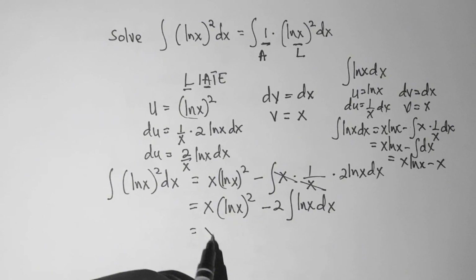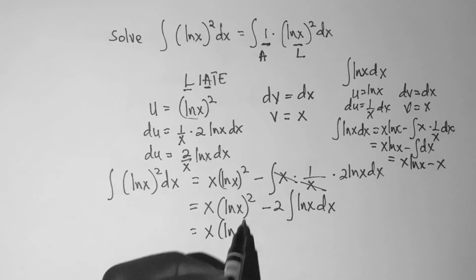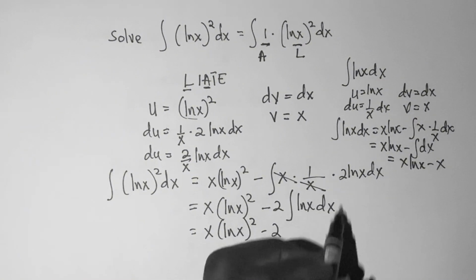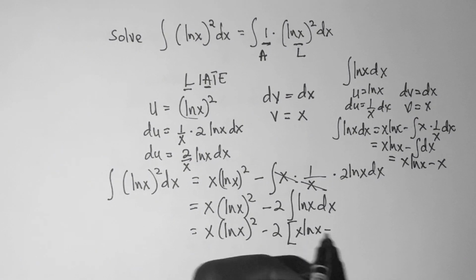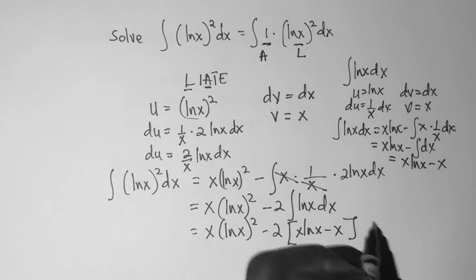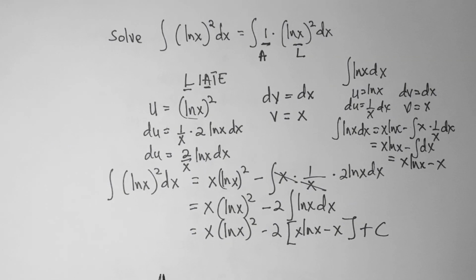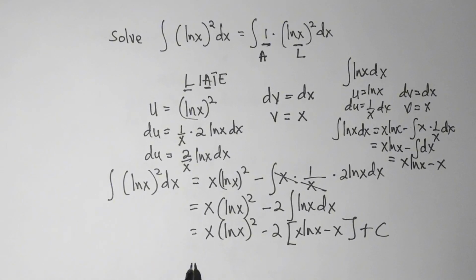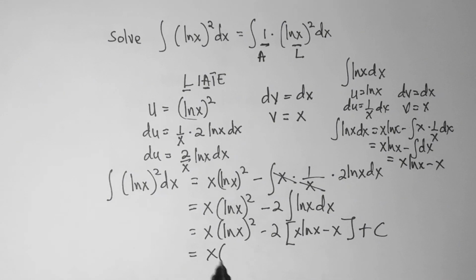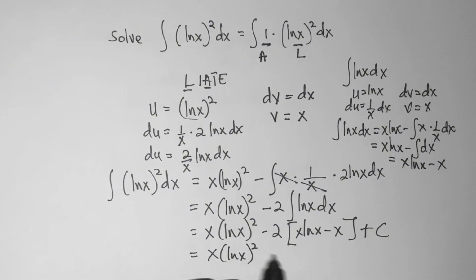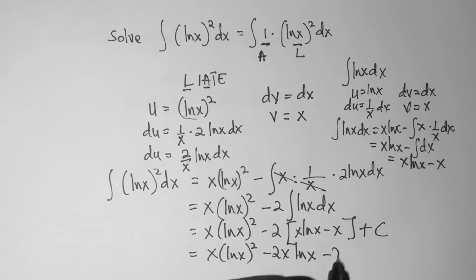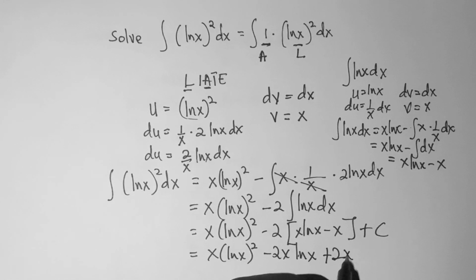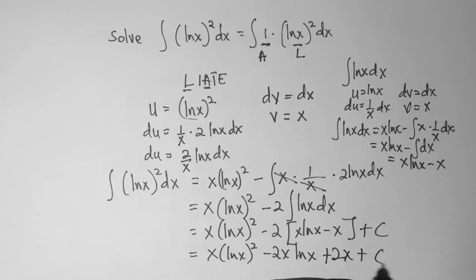This is equal to x(natural log of x)² minus 2 times (x natural log of x minus x), plus the constant of integration c. So let's expand: x(natural log of x)² minus 2x natural log of x, then plus 2x, then plus the constant of integration c.